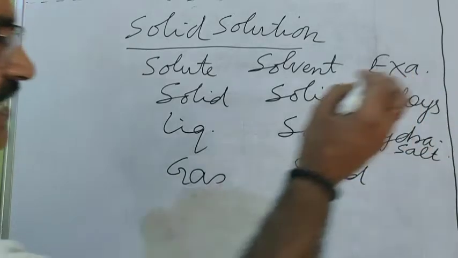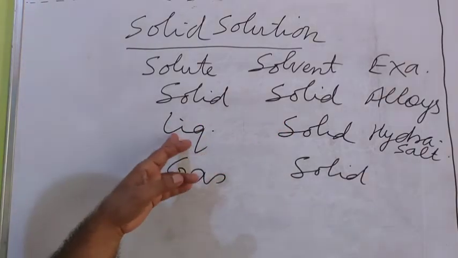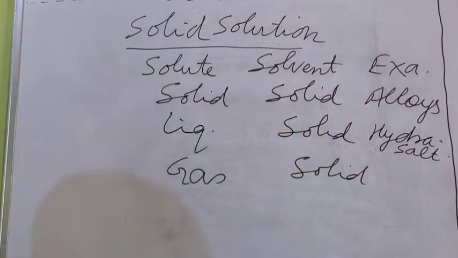All of you know that is the copper sulfate, hydrated zinc sulfate, hydrated one, that is the Mohr salt, ferrous ammonium sulfate, FeSO4, (NH4)2SO4, 6H2O, that is also known as Mohr salt, that is also hydrated salt. So that is the example of liquid dissolved in solid. And third, that is the gas dissolved in solid.